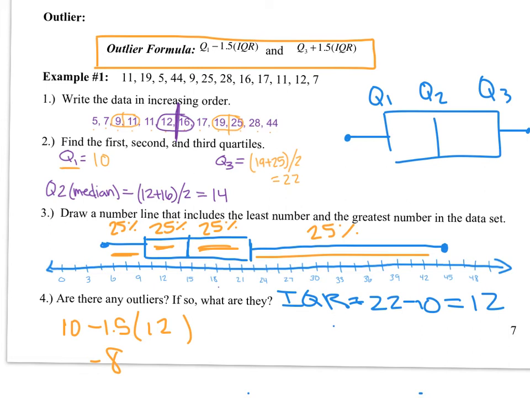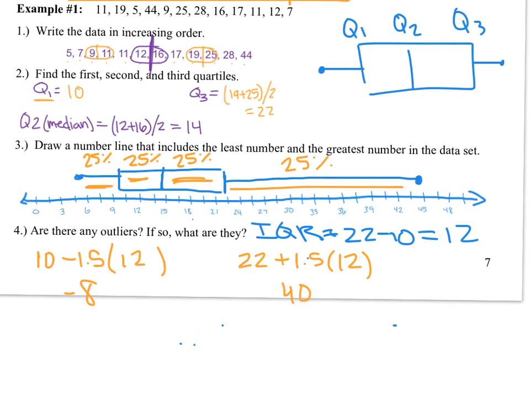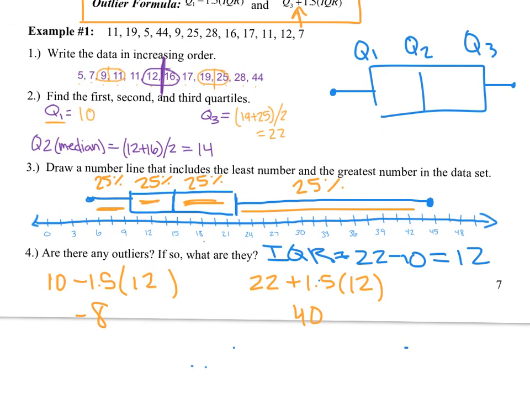Now we have to add 1.5 times our IQR to our Q3, our third quartile, which is 22, plus 1.5 times 12. When you put that into your calculator, you get 40. 44 does lie beyond that value. So 44 is an outlier.